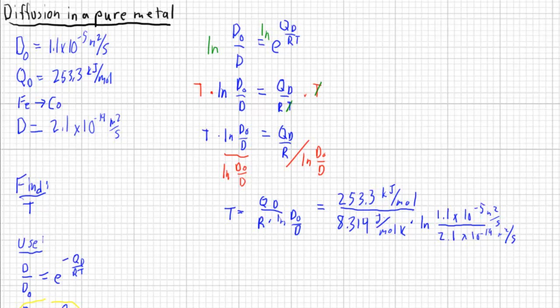And let's take care of some of our units here. Meters squared per second over meters squared per second cancel out. My moles cancel out, per mole and per mole, top and bottom. But watch out for this. It's a kilojoule. I can only cancel out the joule, so I have to multiply by 1,000, and then I can get rid of that kilo.